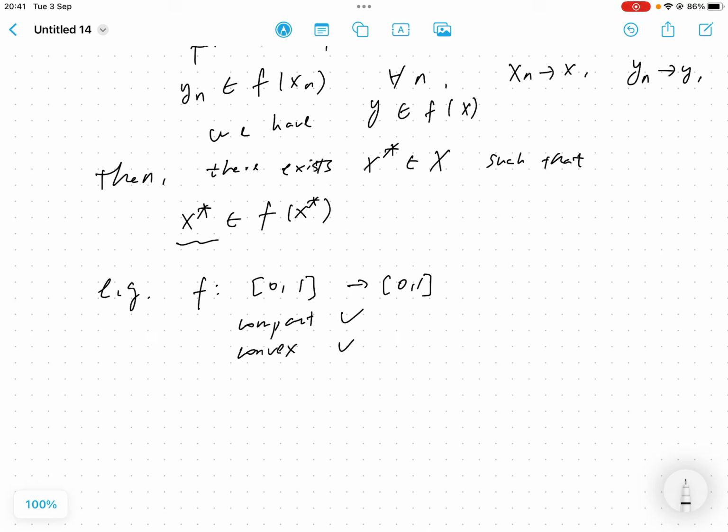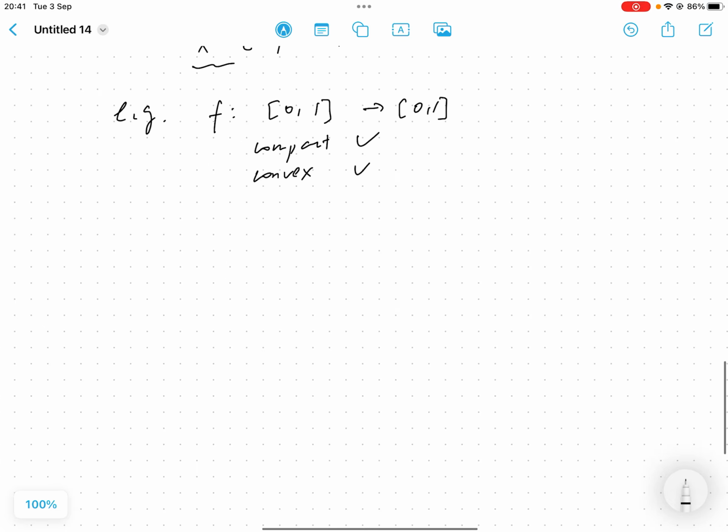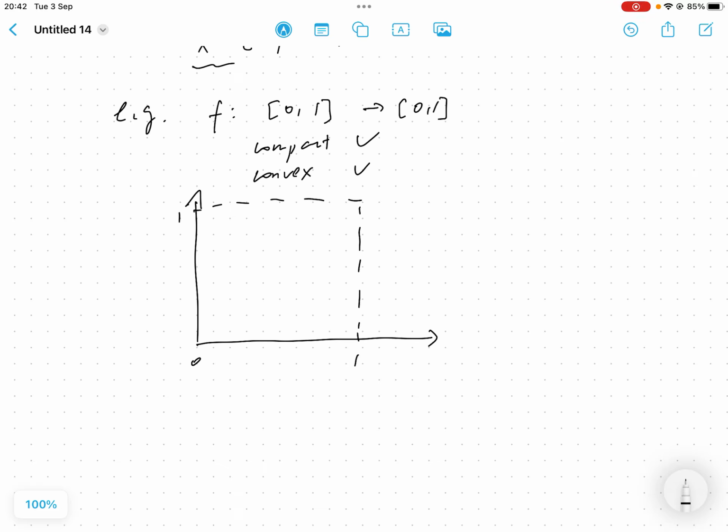All right, so now let's use a graph to plot this example here. In the two-dimensional Euclidean space, R2, this will be the 0 and 1 here, 0 and 1. So we connect this 45-degree line, and we change a color.